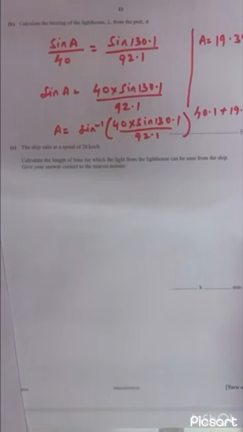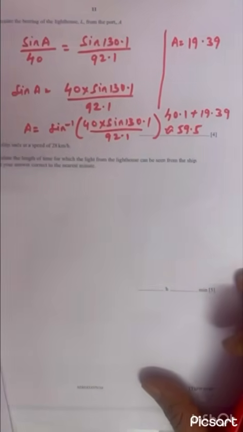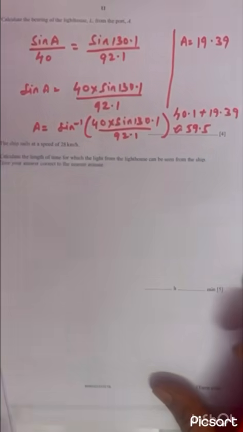So here's my answer, that is the bearing of lighthouse L from port A. It will become 40.1 plus 19.39, and this will give you 59.49. So approximately I can write 59.5. I'm sure this part is clear.